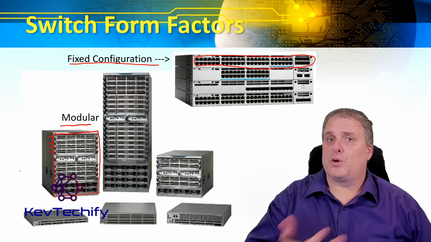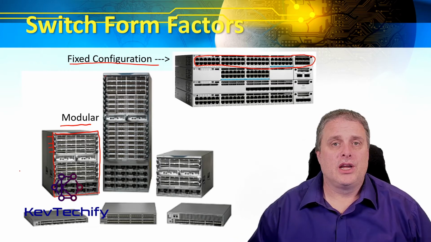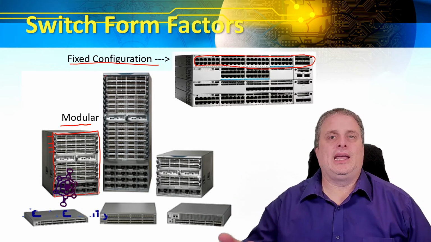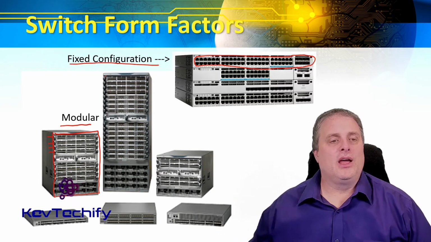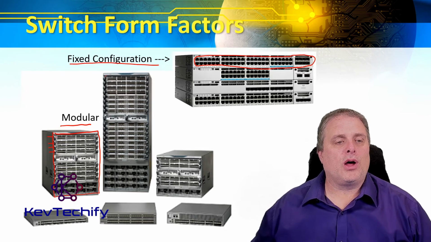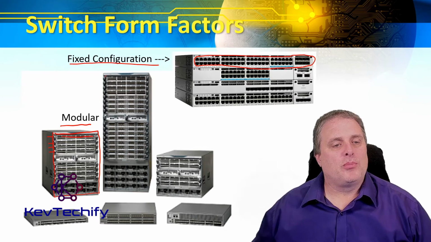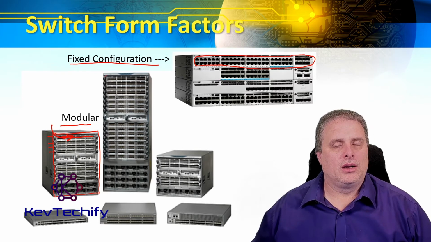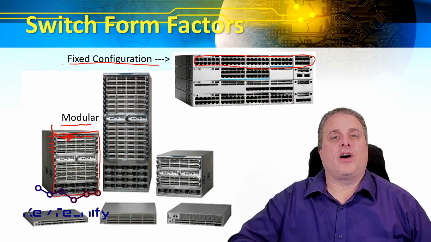And as time goes on and time changes, you want to add in some more ports. You need to upgrade from fast Ethernet to gig, from gig to 10 gig. What you can do instead of replacing this whole switch is you can pull out one of these slots and put in your new card in there, and you have upgraded that.